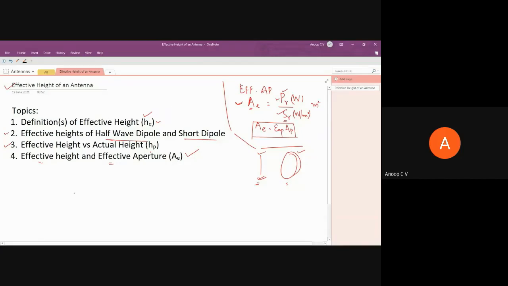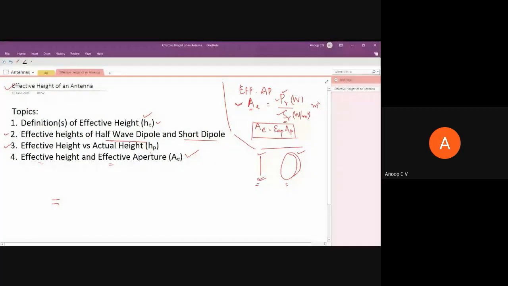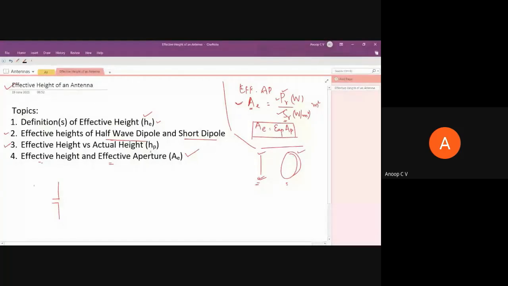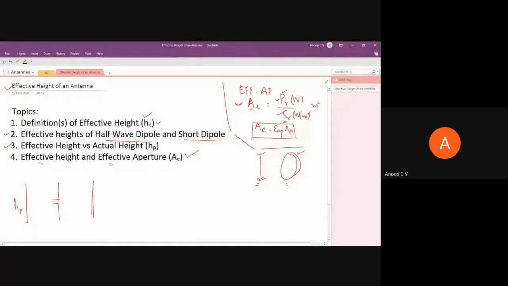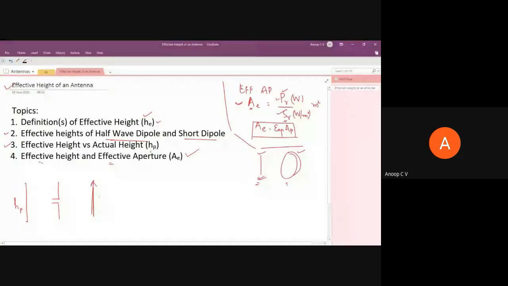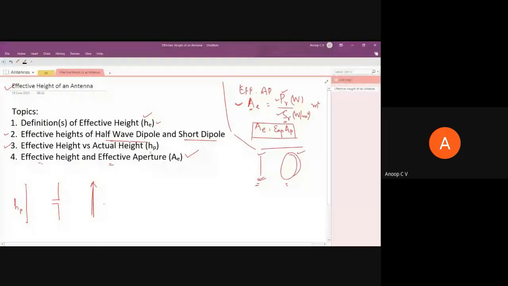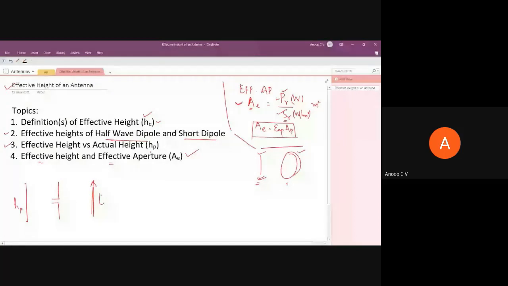So let us consider there is an antenna, say a wire type antenna of physical height HP, and it is immersed in an electric field with field intensity E. The field intensity near the antenna is E. Then this electric field will induce some voltage on this antenna, which is a conductor.